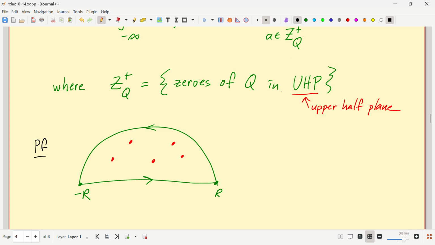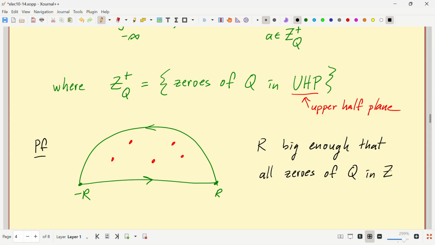So let's make R big enough that all of the zeros of Q in Q plus are inside this, which is my gamma. Sometimes you could call that gamma R since it depends on R, but I'll try to streamline my notation.